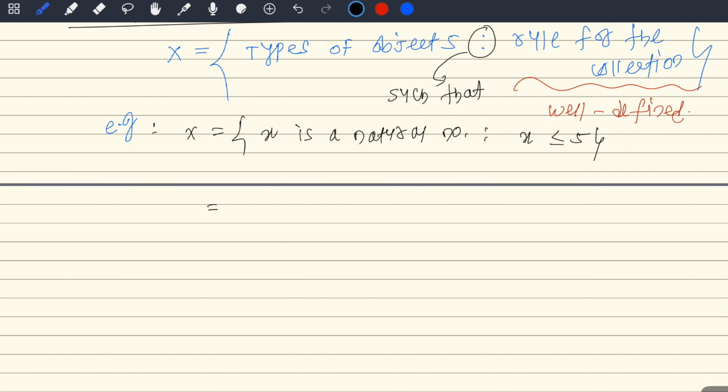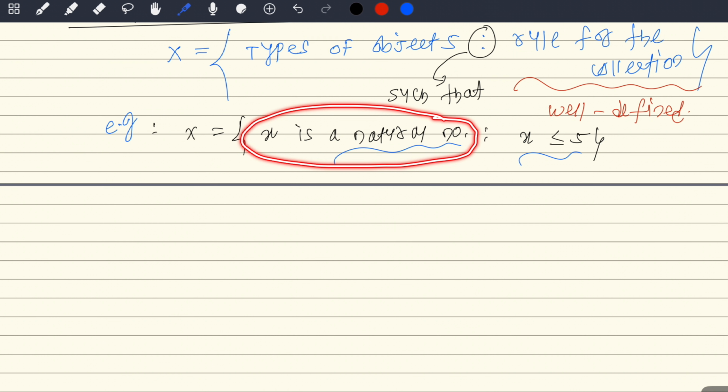So what is this set? You already know, natural number and less than or equal to 5. That means natural numbers start from 1. Let me explain this way. Our collection should satisfy both conditions, right? It should be a natural number and should be less than or equal to 5.